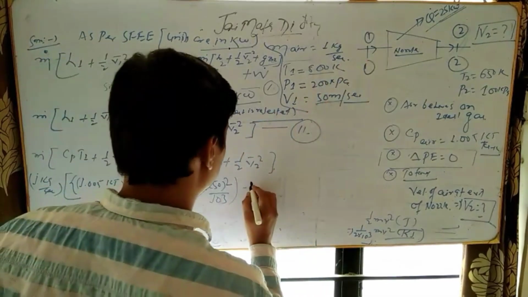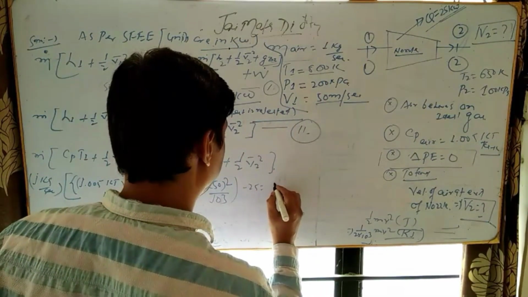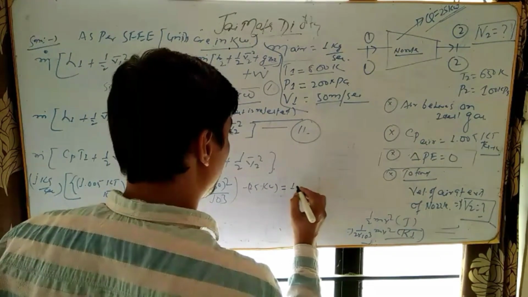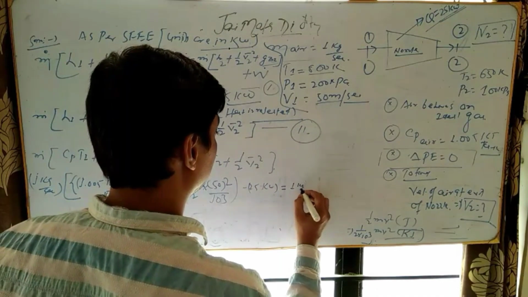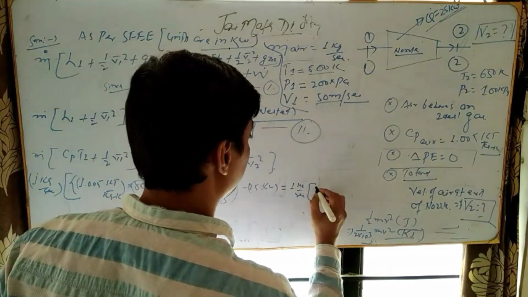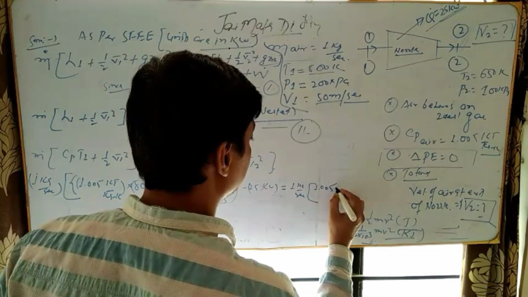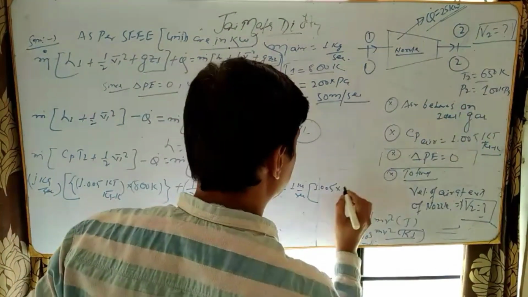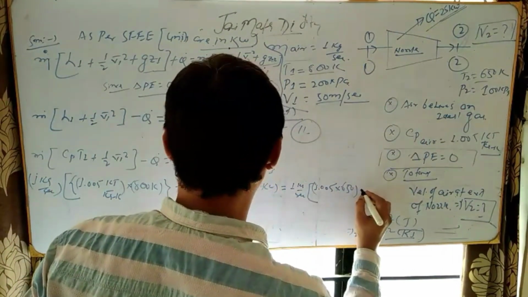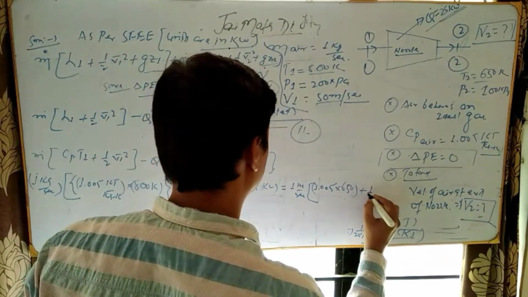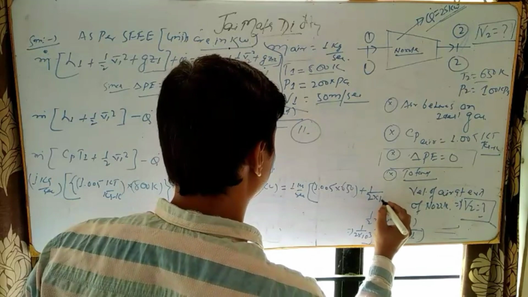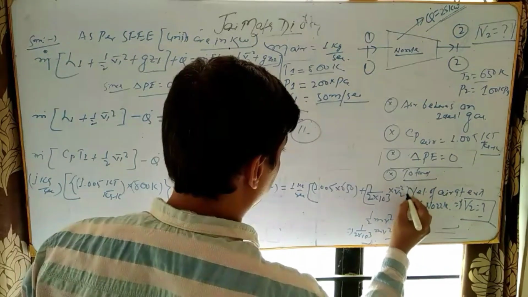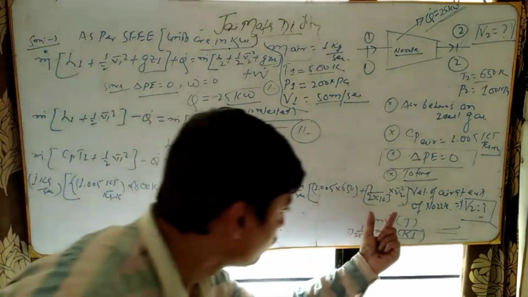Minus q, 25 kilowatt, is equal to, once again, 1 kg per second, Cp 1.005 into T2, which is 650 Kelvin, plus half into V2 square, divided by 10 to the power 3, because we have to convert this term into kilojoule per kg.